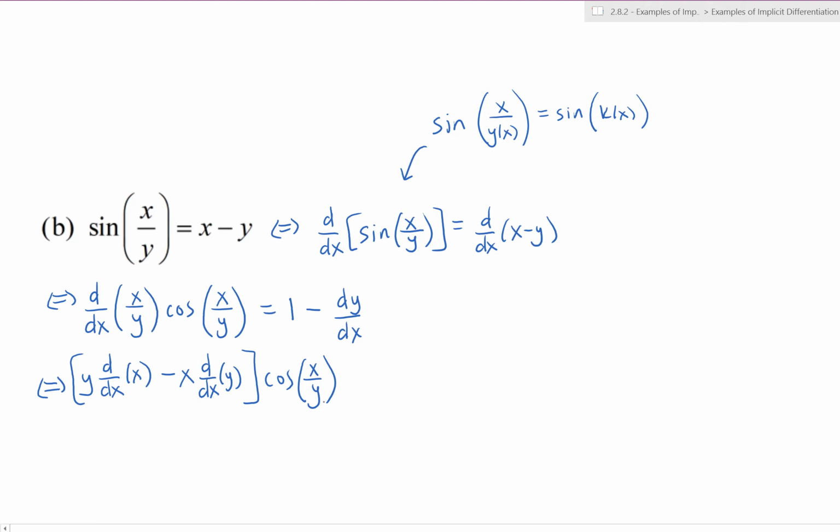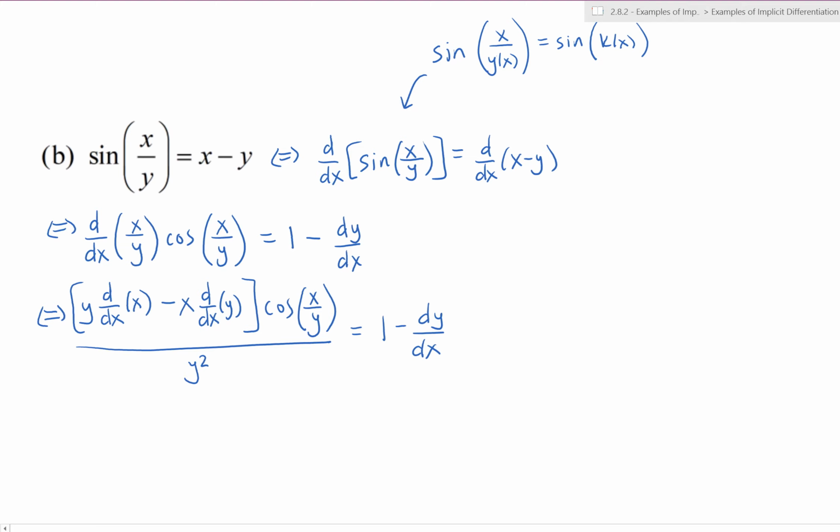But don't forget the denominator of the quotient rule, y squared. And all that is equal to 1 minus dy/dx. So we're getting closer. Let's differentiate that bracket step. We've got y times the derivative of x with respect to x, which is just 1, so y times 1 is y.